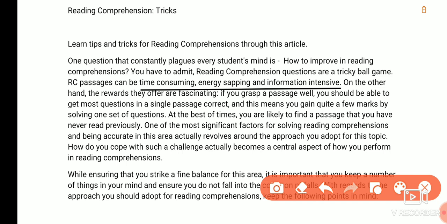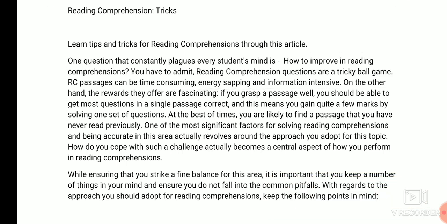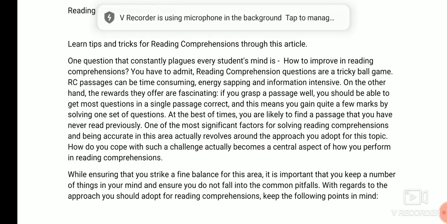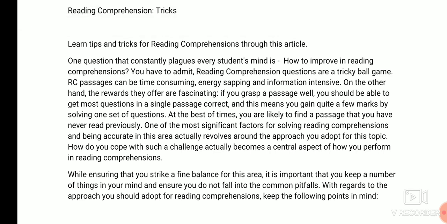Yet the rewards they offer are fascinating. If you grasp a passage well, you should be able to get most questions in a single passage correct, and this means you gain quite a few marks by solving one set of questions.